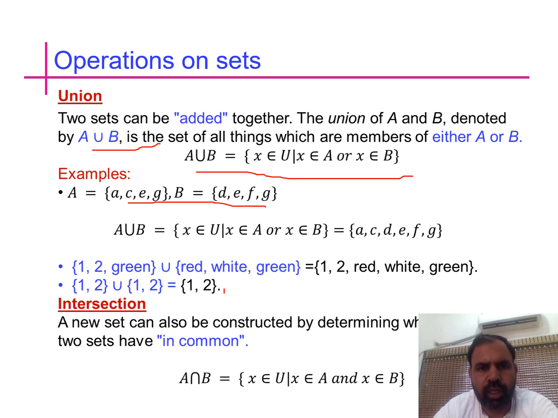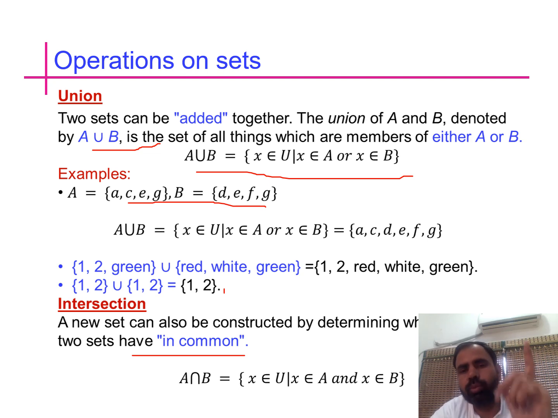Intersection. A new set can also be constructed by determining what two sets have in common, whose elements are in common. A intersection B is equal to x belongs to U such that x belongs to A and x belongs to B. If the element belongs to both of the sets, then it is written in the intersection.